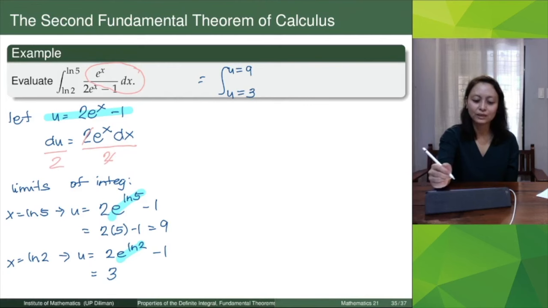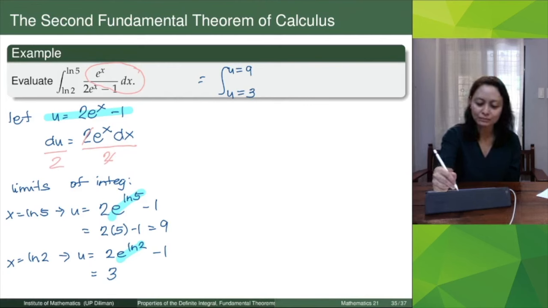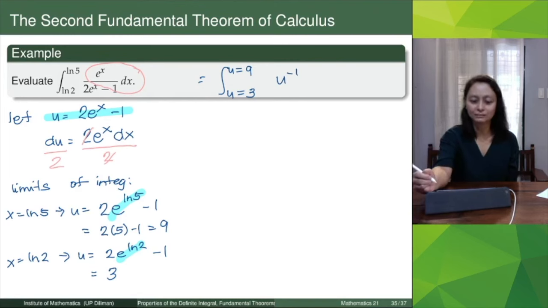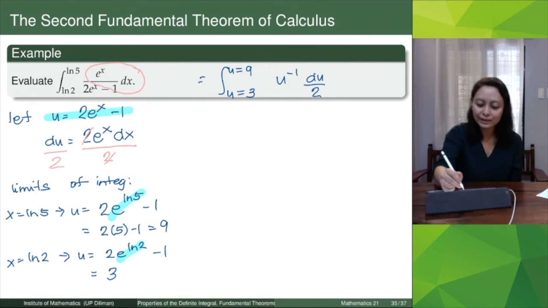Okay? Then, yung e to the x dx, sige, yun munang 2e to the x minus 1, u, since nasa denominator, u to the negative 1. And then, yung e to the x dx ay du over 2. Okay? So, yung constant na 1/2, pwede nating ilabas.